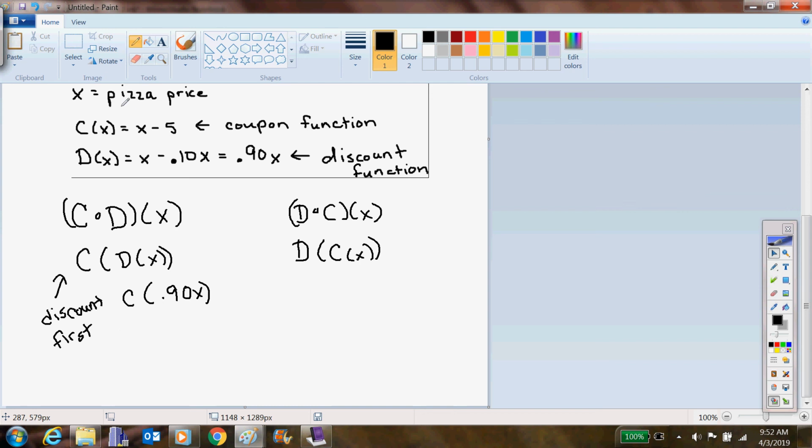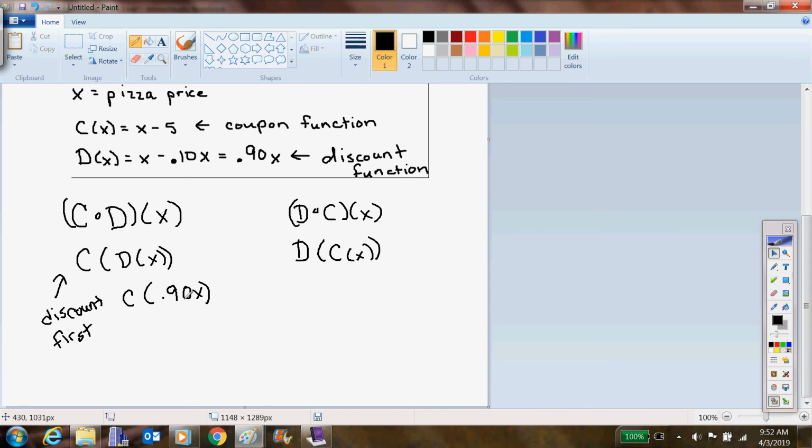So then C of 0.90x turns into, we're doing the one on the left, yes.